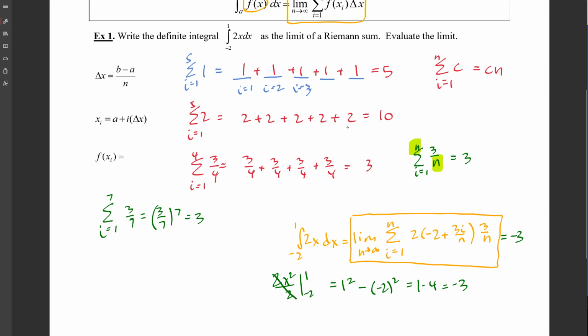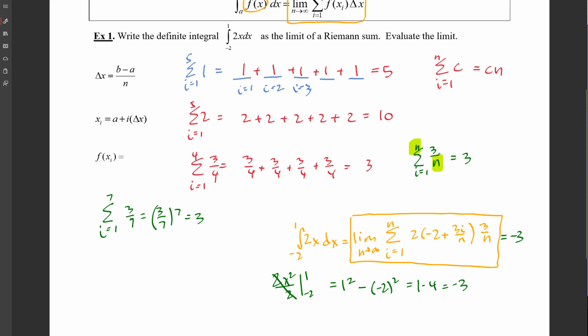And another way that I could write this is, since this n is actually a constant, you can pull that 3 over n out. It's the i that's actually incrementing here, okay? The n is actually just some constant.